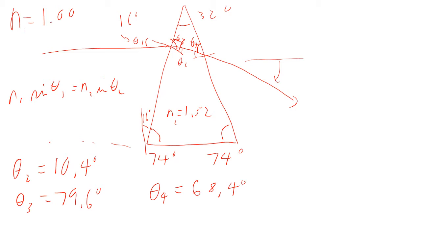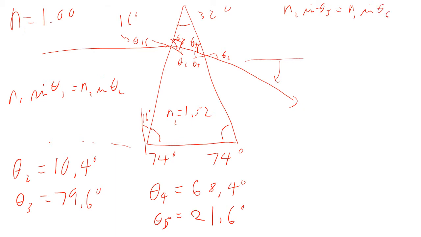Okay, so now we want theta 5. Theta 5 is going to be 90 degrees minus 68.4 degrees, so that's 21.6 degrees. Now we want theta 6. Well, n2 sine theta 5 equals n1 sine theta 6.